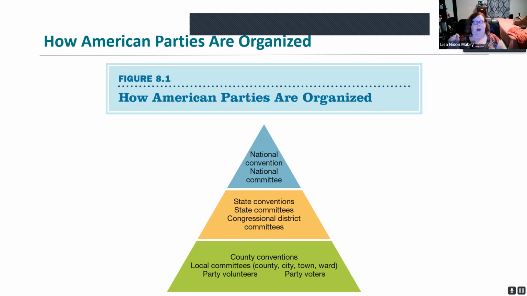A lot of it depends on how active the political party is at that level. If you're in a really liberal area, you might not have a Republican committee. If you're in a really conservative area, you might not have a Democratic committee. So it all depends on how active that party is and how much the people are willing to put together an organization if they're the minority.